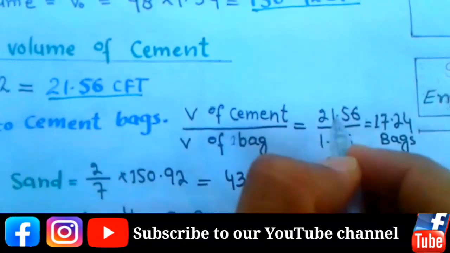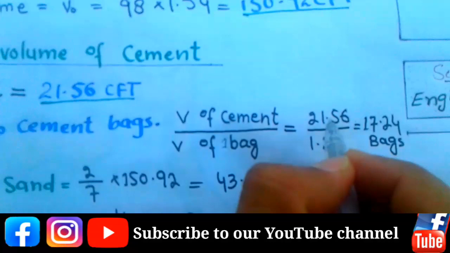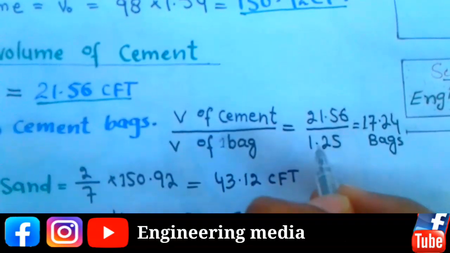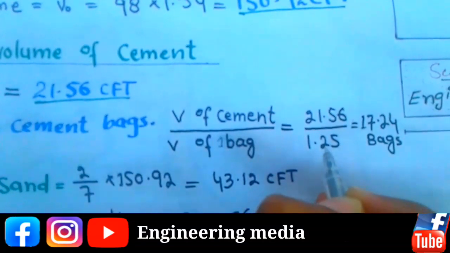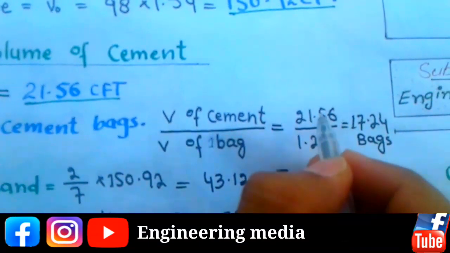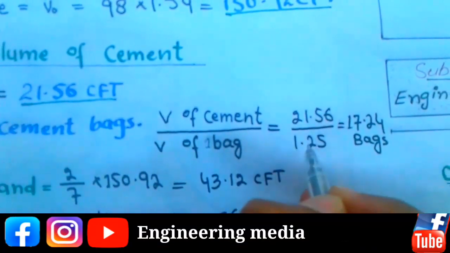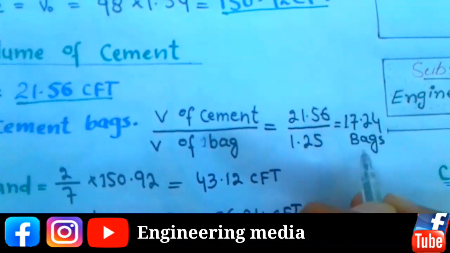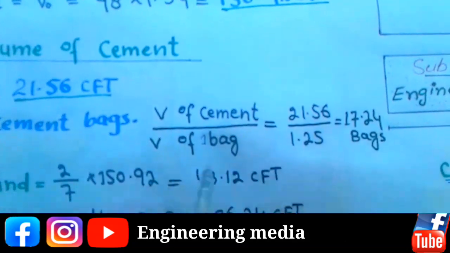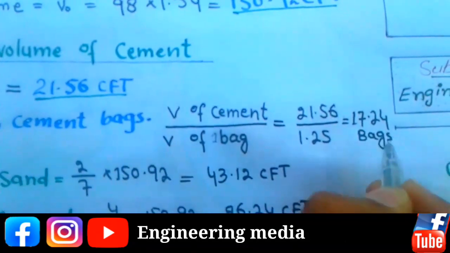So volume of cement is this value 21.56 divided by 1.25, which is the volume of one bag. When we divide 21.56 by 1.25, 17.25 bags is given out, and this is the value of cement for the slab in bags.